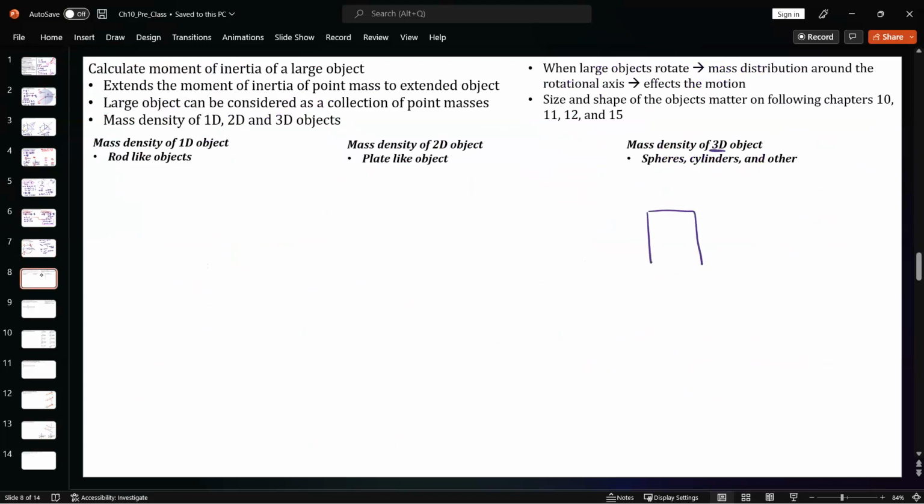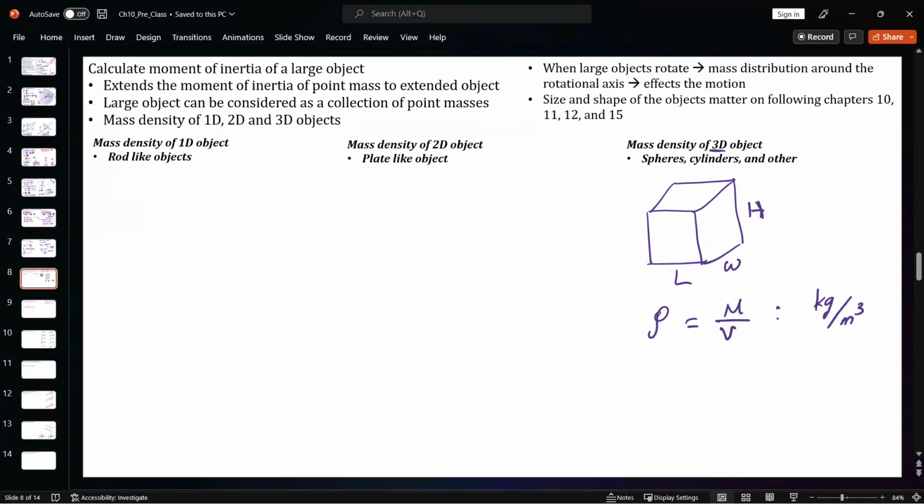So these objects are three-dimensional, right? All three dimensions are important, which means length, width, and height. All of these are measurable and affect the object's shape and everything. So the density, which we usually write with the letter rho, is mass over volume, and we know the unit is kilogram per meter cubed.